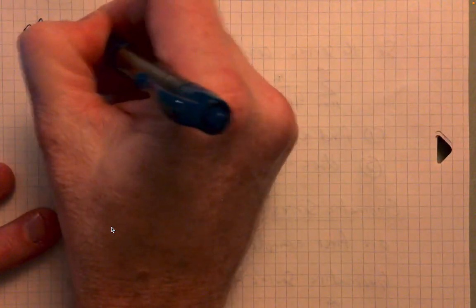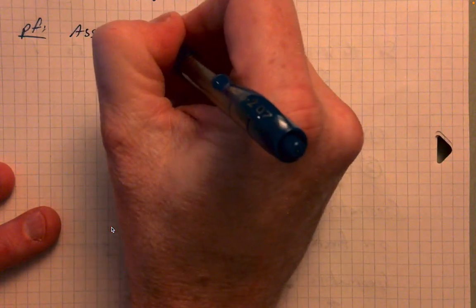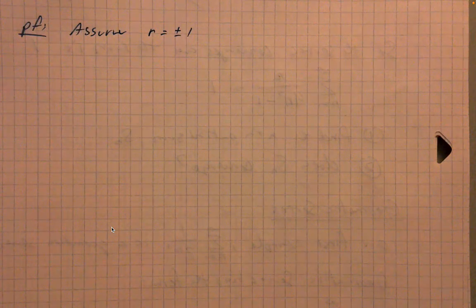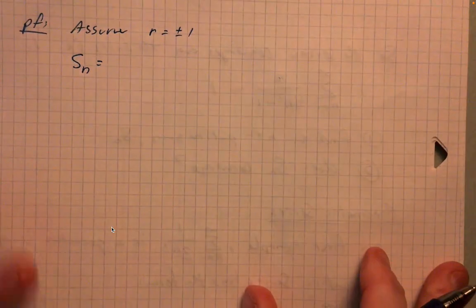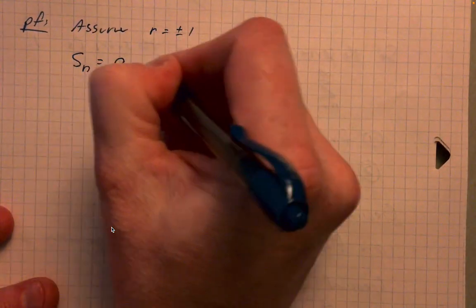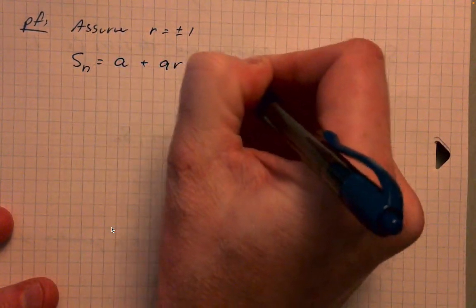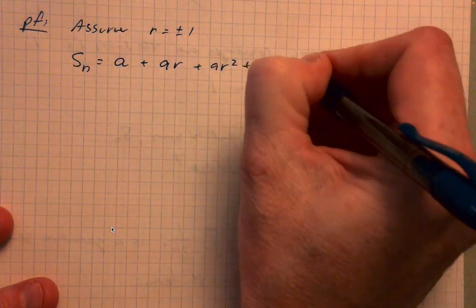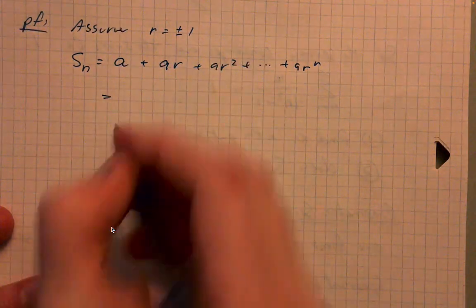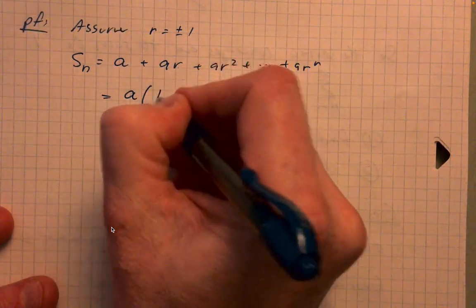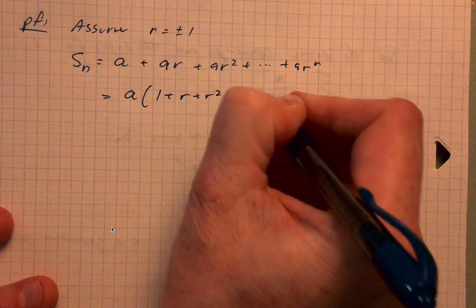So let's assume, first of all, that r is equal to plus or minus 1. Then S of n is going to be equal to a plus ar squared plus dot dot dot plus ar to the nth power. We can factor the a out, so it's equal to a times 1 plus r squared plus dot dot dot plus r to the nth.